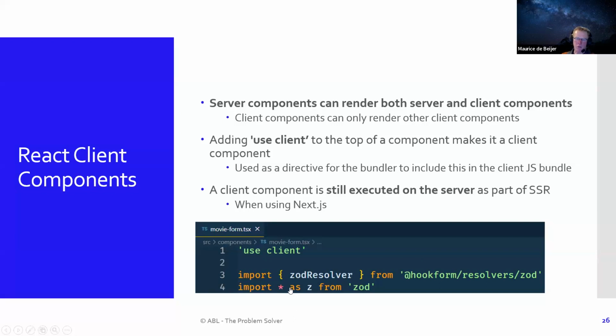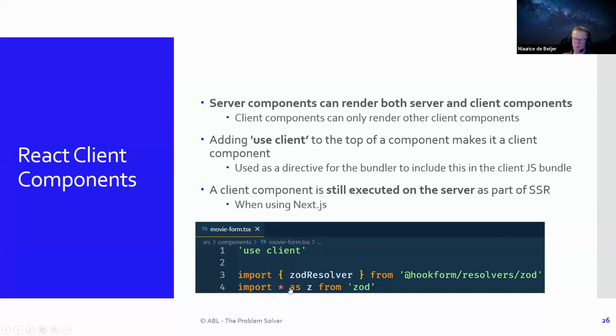Now, what kind of components need to be client components? I mentioned a number of examples already. It's basically everything which uses state, which uses side effects. The simple rule is every component which uses a hook, which isn't 100% true, but for a general rule, that's perfectly fine because you'll have very few hooks which don't use side effects, don't use state or client-side APIs.